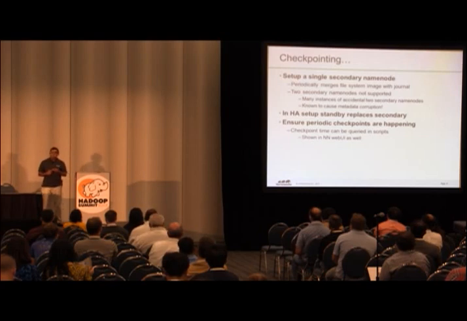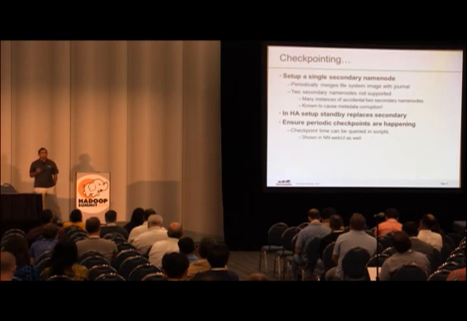Or you would see an issue where, if you have not done checkpointing in a long time, name node would take an enormous amount of time to start up because it has to consume all the edit logs. In recent 2.0, where we have added high availability support, the standby name node does the checkpointing, so you don't need a secondary name node if you have HA setup.